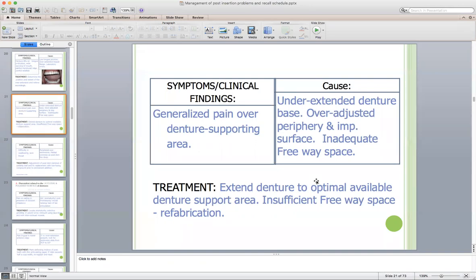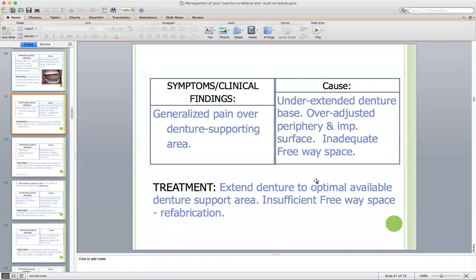If the denture is underextended, we have to take care of that. If the extension of the denture is fine, but still the patient complains of pain in the supporting areas of the denture, then we have to check the freeway space. If the freeway space is not right, then we have to remake the denture all over again. The treatment for this is to extend the denture to the optimal available denture supporting areas.